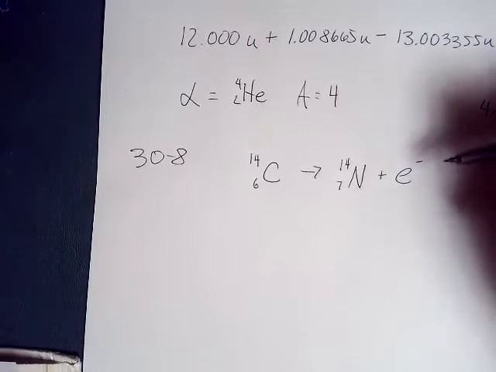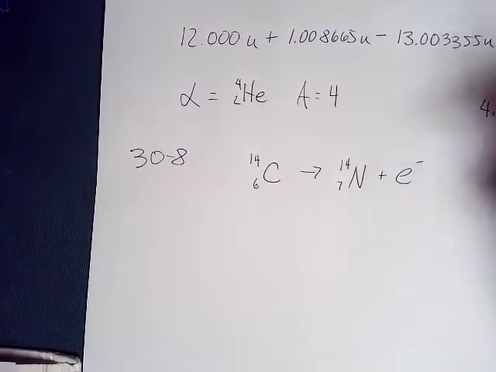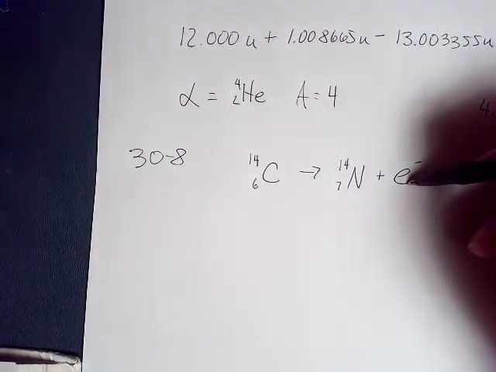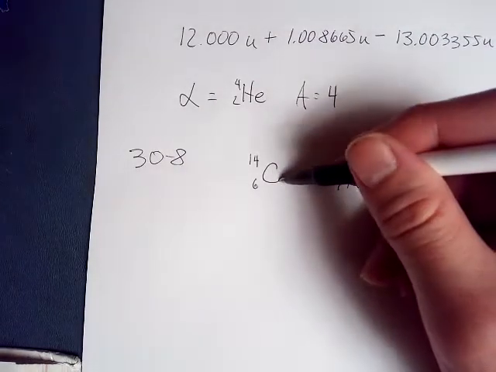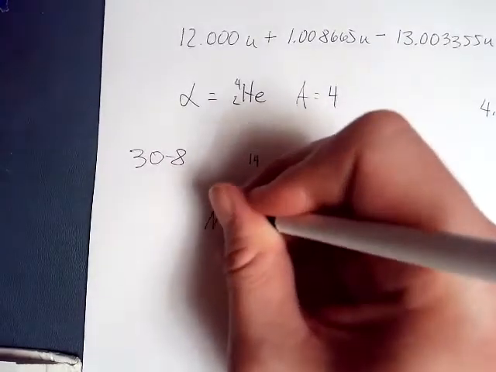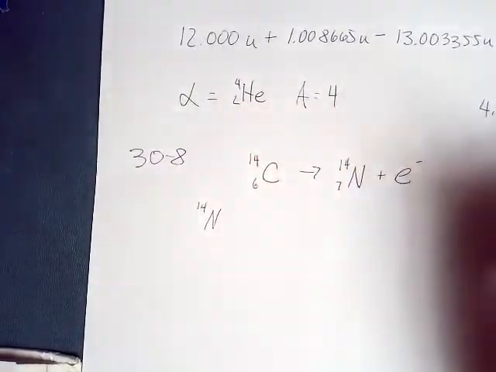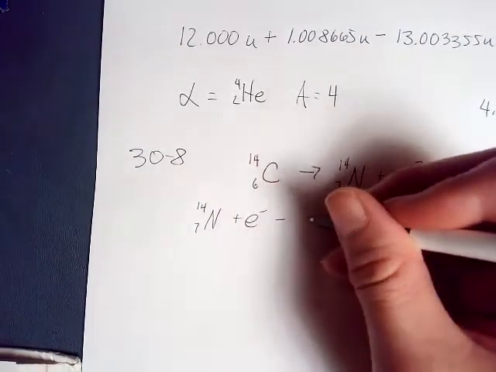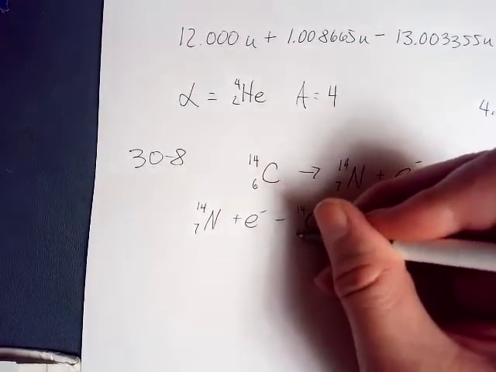How much energy? Well, it's still the same process: the masses of these added, subtract the mass of that. So the mass of N14 plus the mass of an electron minus the mass of C14.